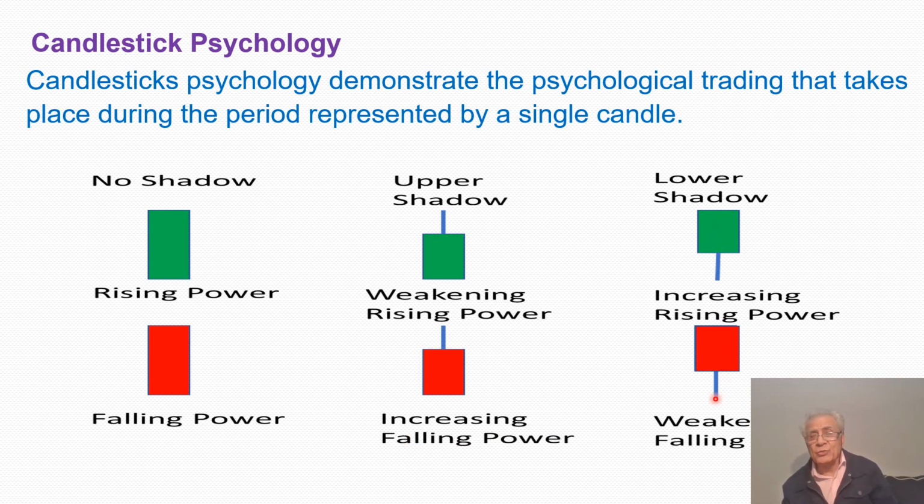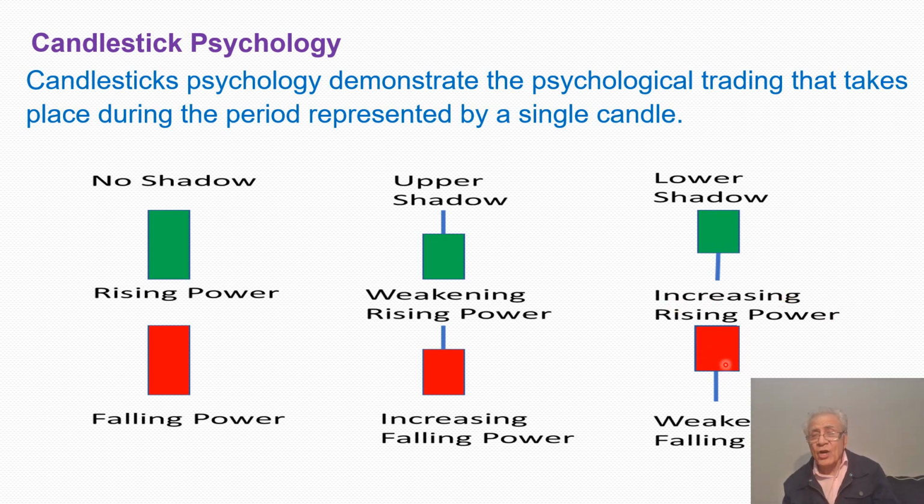Now in these two, we have a lower shadow, no upper shadow. Here that is a bullish candle, and from the bottom, the bullish again push the price to go higher, so it means increasing rising power.